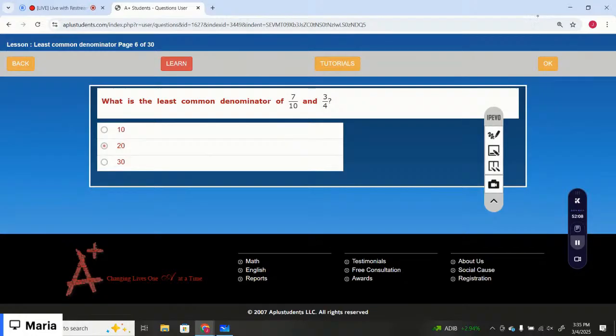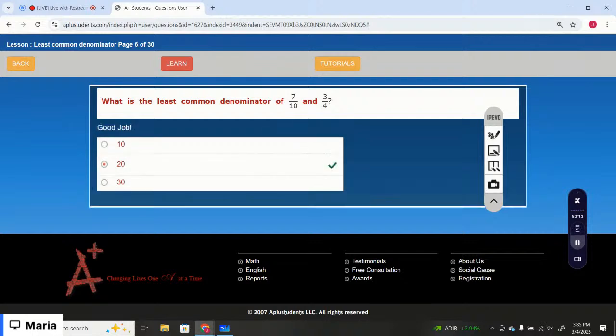That is 20. Very good. Option number 2 is the correct option.